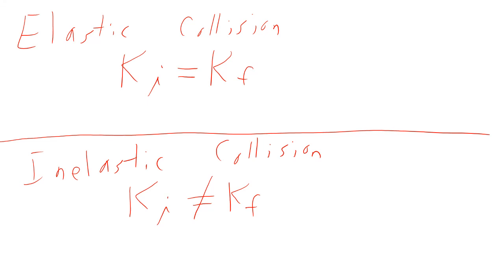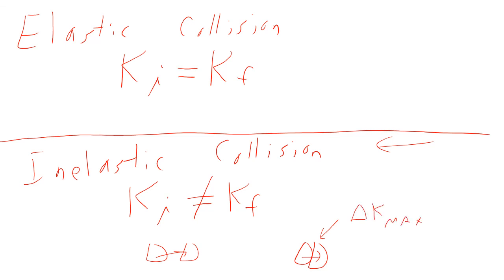And so unless you know for a fact that you have an elastic collision, you assume inelastic. Now, it can be shown, and it's a little beyond what I want to spend time here doing, that if the two objects stick together and move as one, then that is the situation in which you have the biggest difference in kinetic energy.